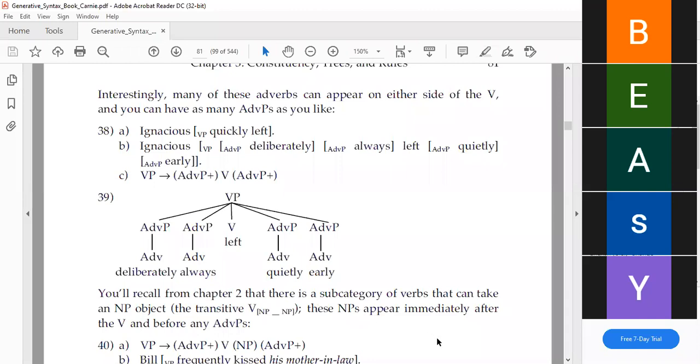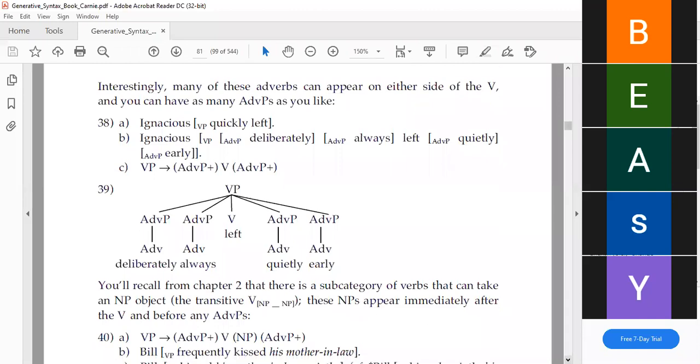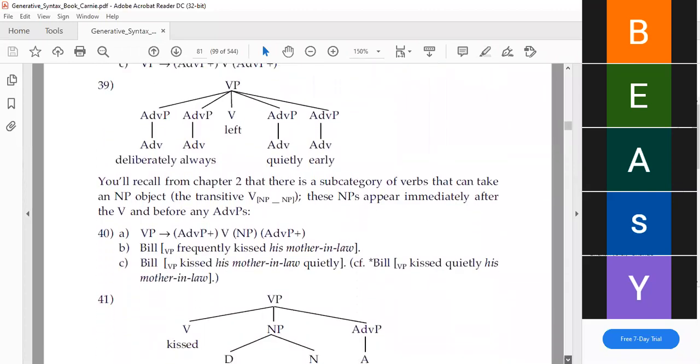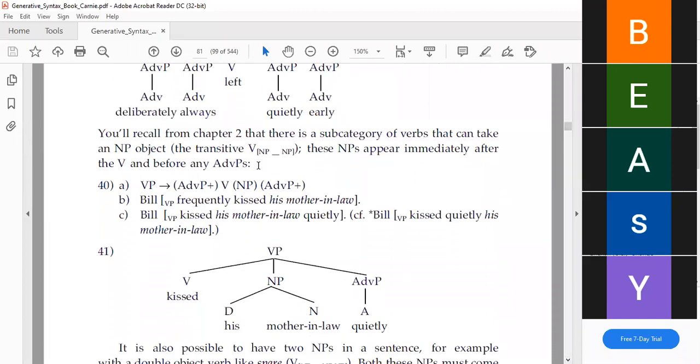But what about transitive verbs, monotransitive verbs and ditransitive verbs? Remember in chapter 2, when we talked about subcategories and features, monotransitive verbs in most cases take the feature NP underscore NP, with the first NP being the subject and the other NP being the object.